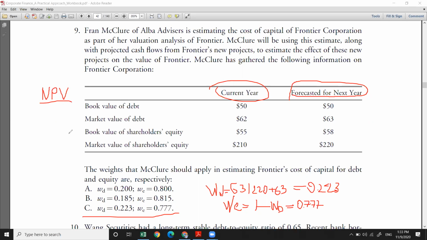You want to make a decision whether the project is profitable or not. So you're doing estimation. If you're estimating a certain project, it is logical to use the forecasted numbers rather than the current ones. You need to forecast the numbers in the future because the project is about the future. So you have to use the forecasted information rather than the current information which is given.